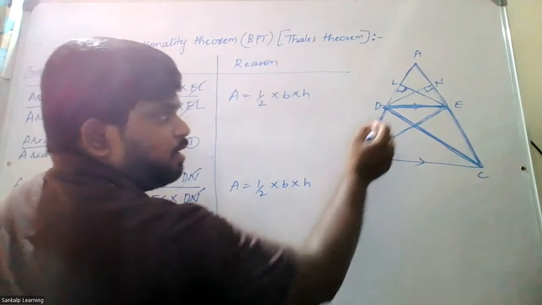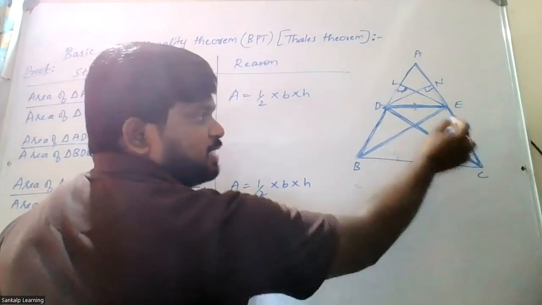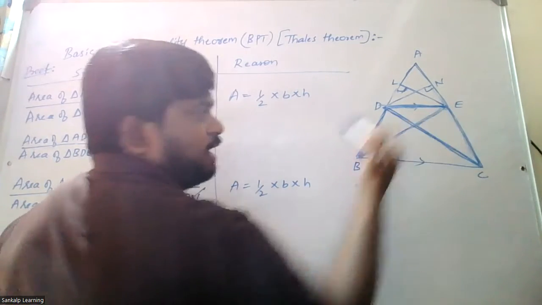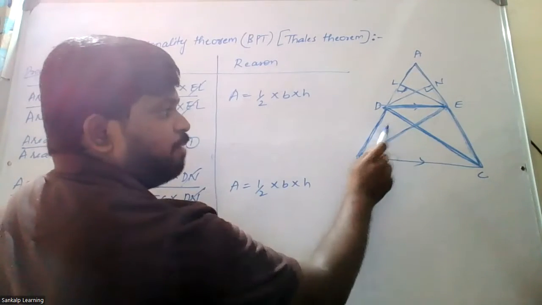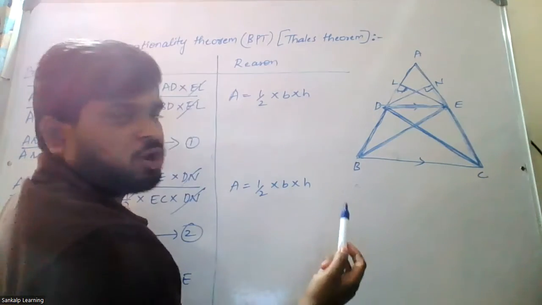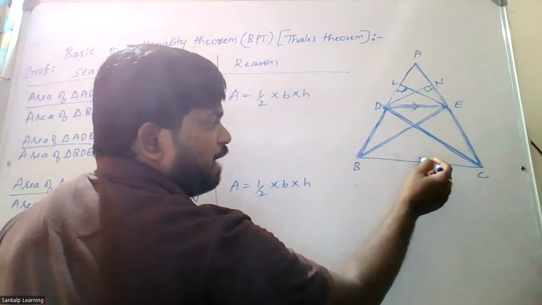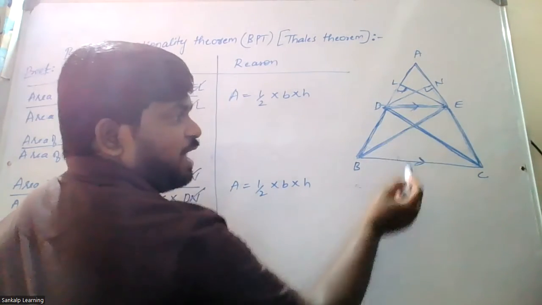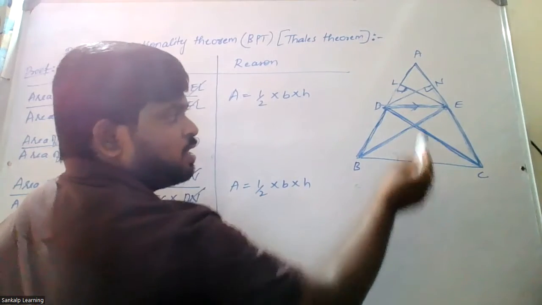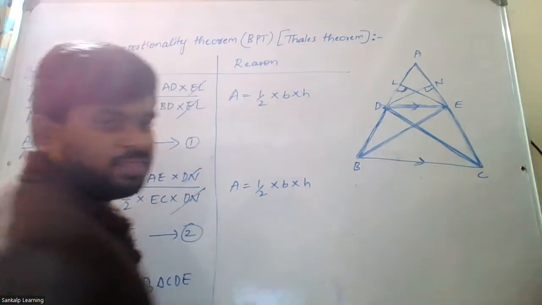Observe properly. Let's take triangle BDE and triangle CDE. This is a common side for both the triangles, whether BDE or CDE. We call it the common base, and both the triangles are between the same parallels. This triangle is drawn between these two lines, and the other triangle is also drawn between these two lines.